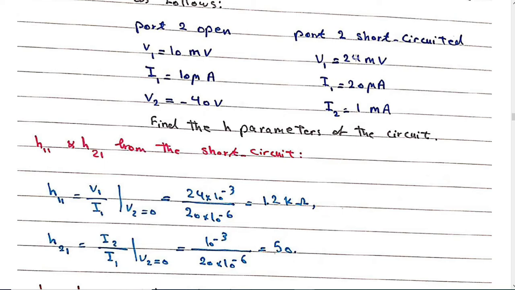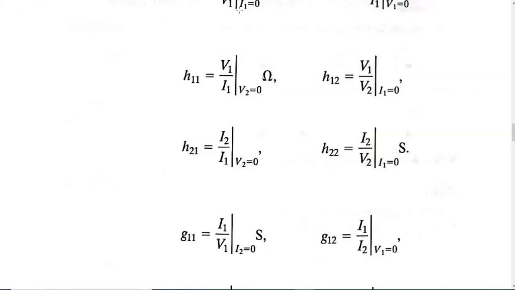Okay, when V2 is 0, we use this set of measurements. So you have the value for V1 and the value for I1. From here, you can calculate H11 as 1.2 kilo ohms. So H21, again, use this formula sheet.